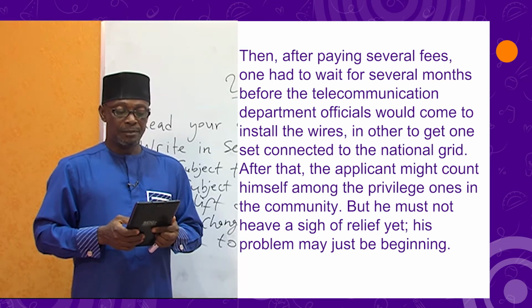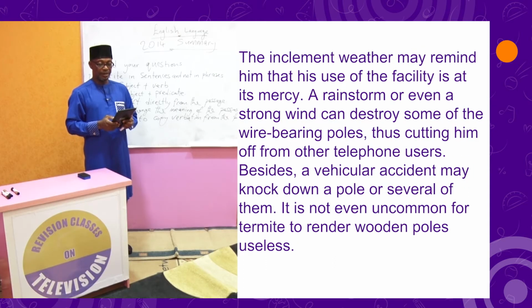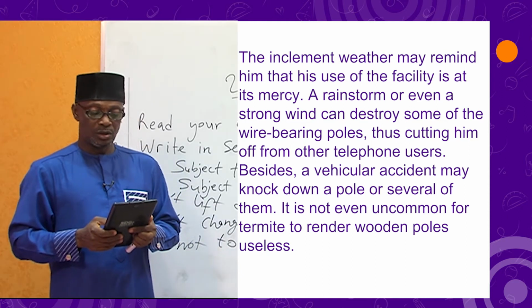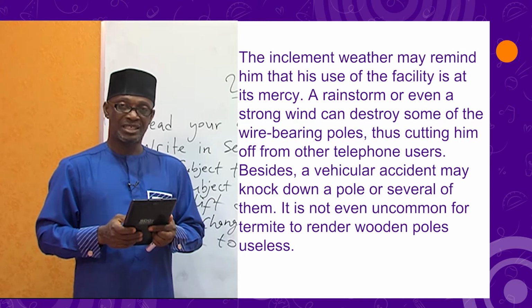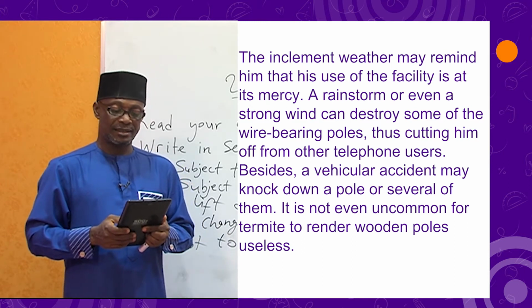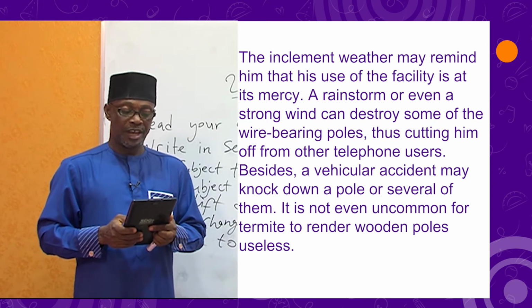His problem may just be beginning. The inclement weather may remind him that his use of the facility is at his mercy. A rainstorm or even a strong wind can destroy some of the wire-bearing poles, thus cutting him off from other telephone users. Besides, a vehicular accident may knock down a pole or several of them.